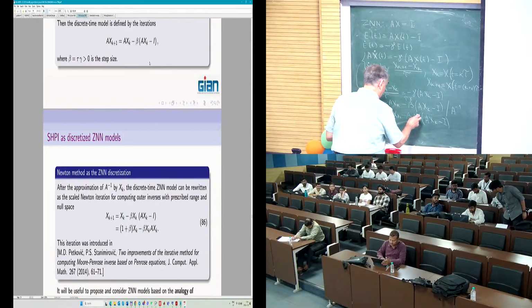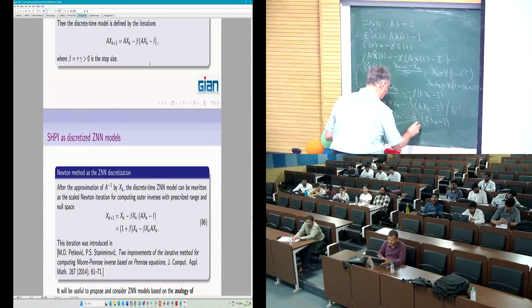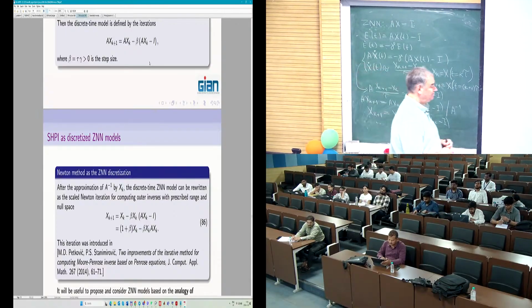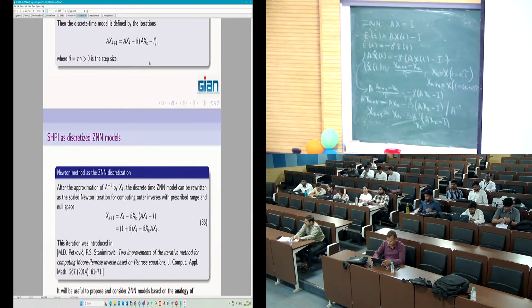And now we will approximate A minus 1 by xk, because our iterations go to A minus 1.